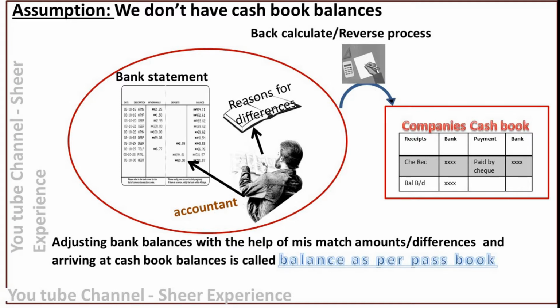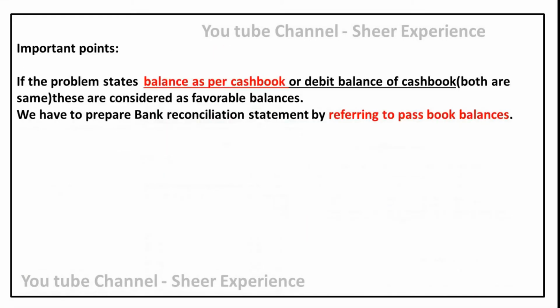Before seeing the example, we will see one important note. If the problem states balance as per cash book or debit balance as per cash book, both are same. So these we have to consider as favorable balances. And we have to prepare bank reconciling statement by referring to passbook balances.